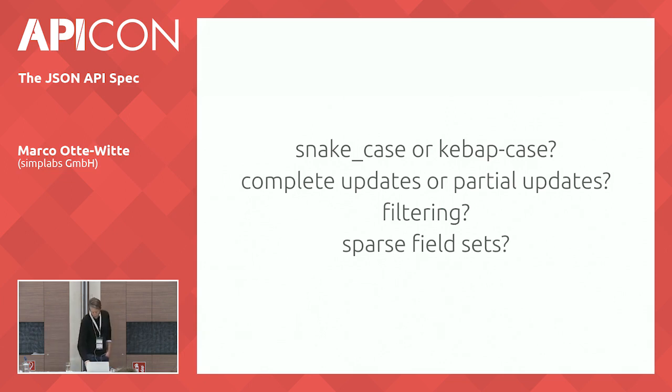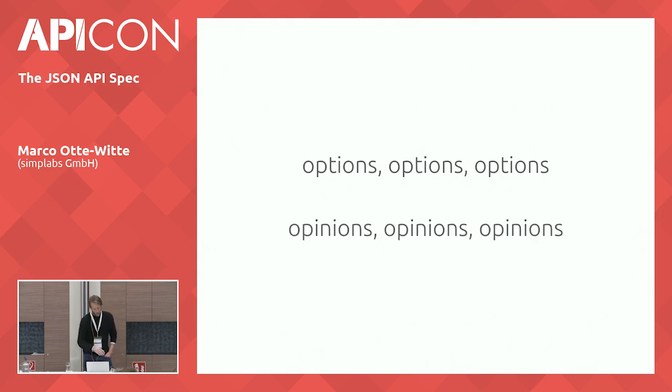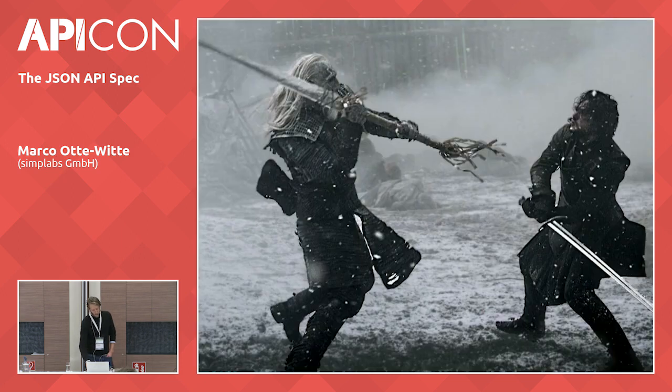So you have lots of options, and each time you set up a project, you have to choose one, right? For each of those options, you have to make a choice. Do you use snake case or kebab case or whatever? And when you have to make choices, then people will have opinions, and sometimes those are strong opinions, and that often leads to fights.